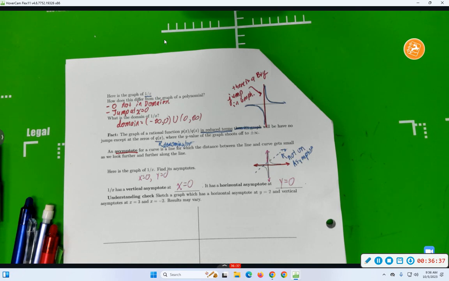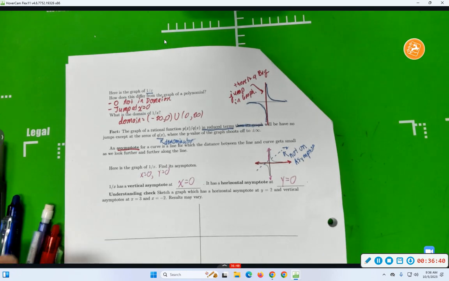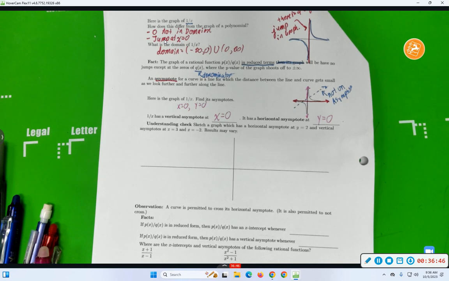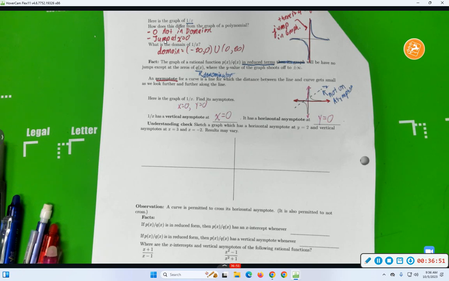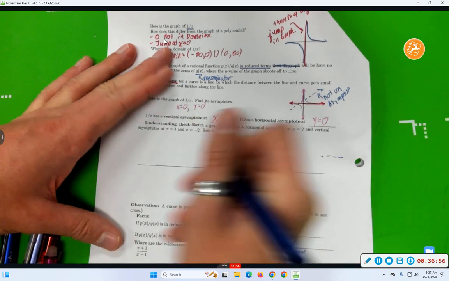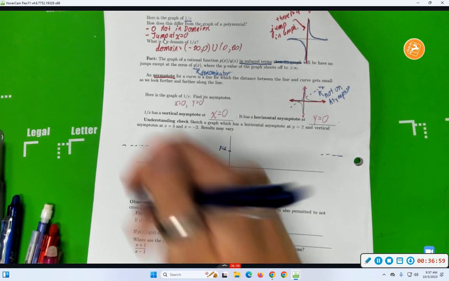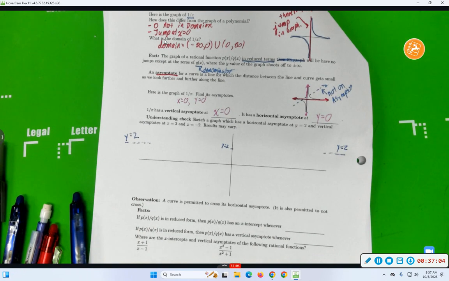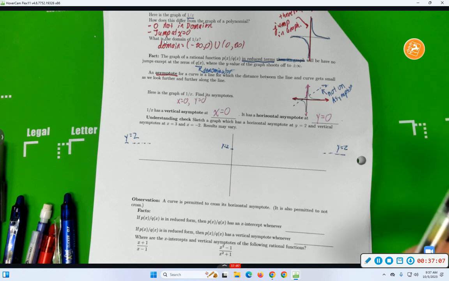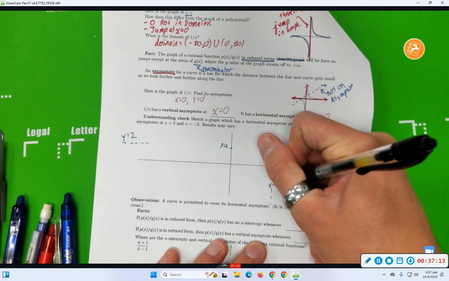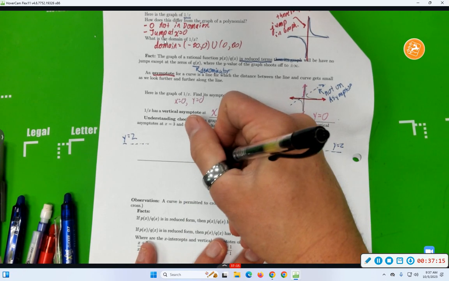All right, so let's do a quick understanding check. I have a particular thing in mind with this understanding check. But here's what I'd like you to do. Sketch me a graph which has a horizontal asymptote at y equals 2, which has a vertical asymptote at x equals 3, and a vertical asymptote at x equals 2.